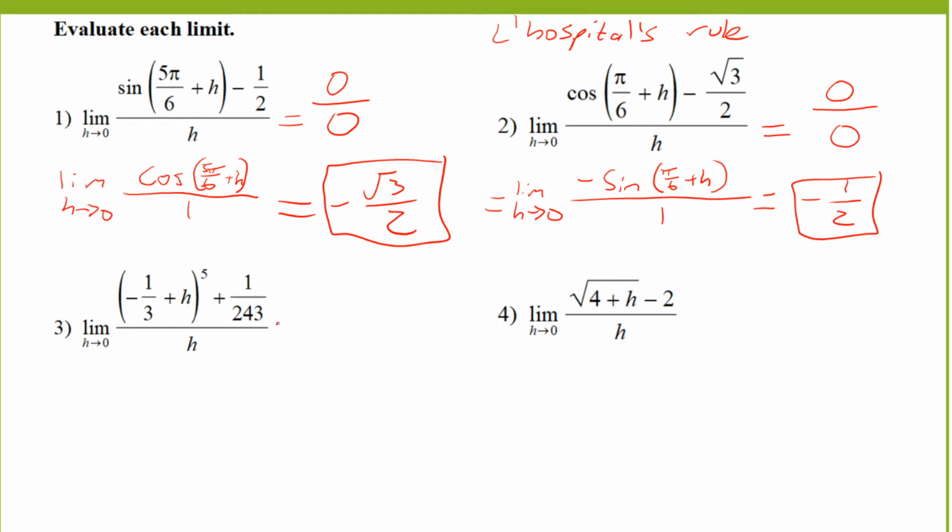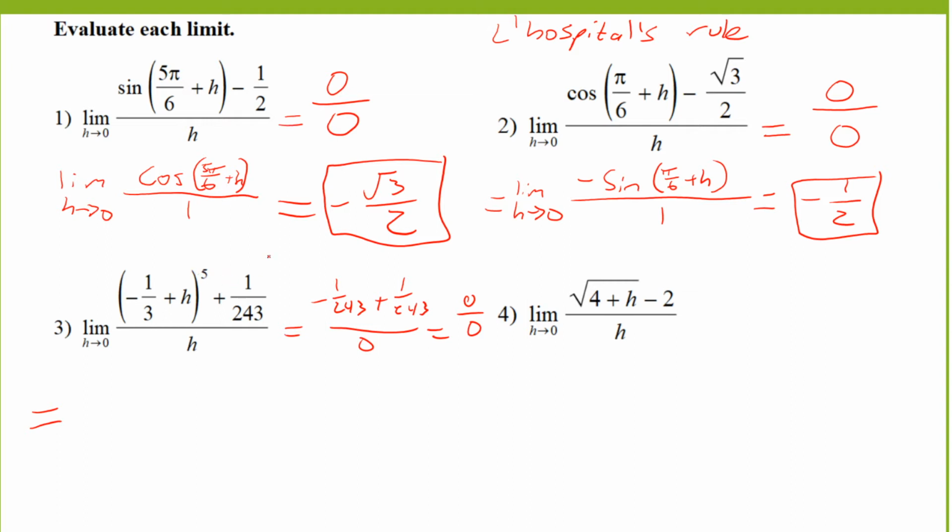So this is really, because we're an odd power, negative 1 over 243 plus 1 over 243 over 0, which is 0 over 0. So that tells us we can use L'Hospital's rule, which means if we derive the numerator and the denominator separately, and then plug in our value again, we should be able to get the answer for the limit.